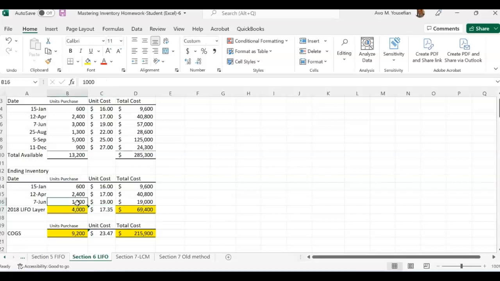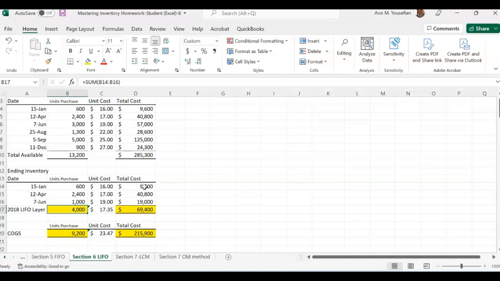And that 1,000 is technically 4,000 we need minus 3,000 here. That's why we need 1,000 there. The cost is here. And if you add these 3 lines of units, it's 4,000, which is perfect. That's what we want.